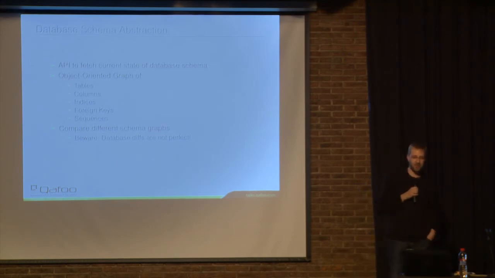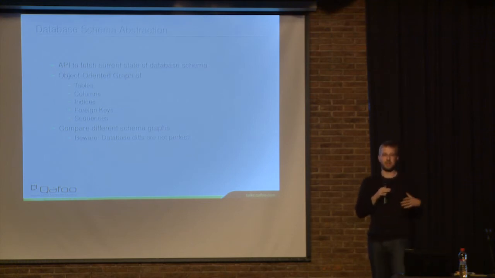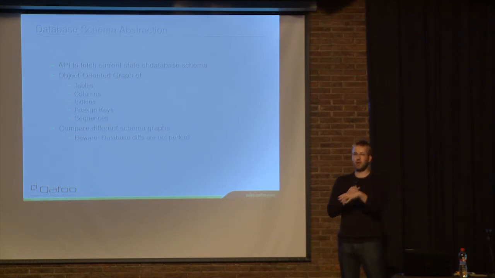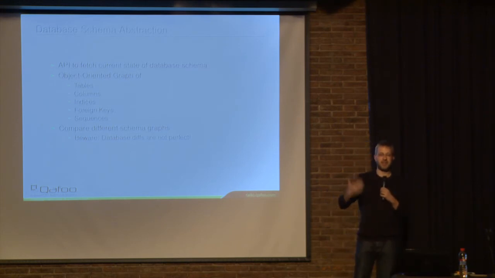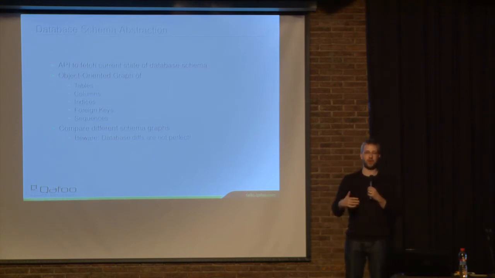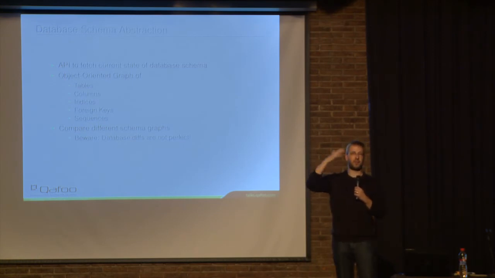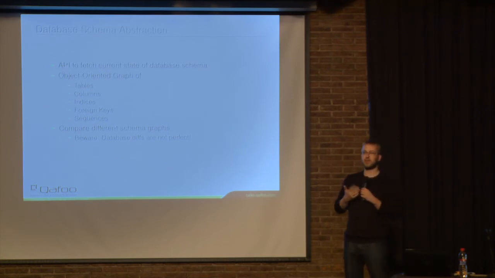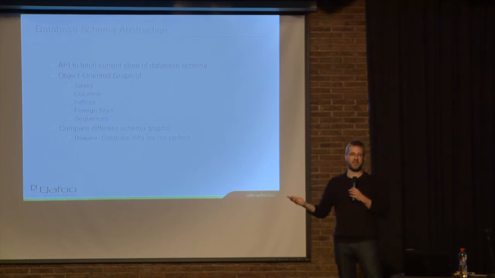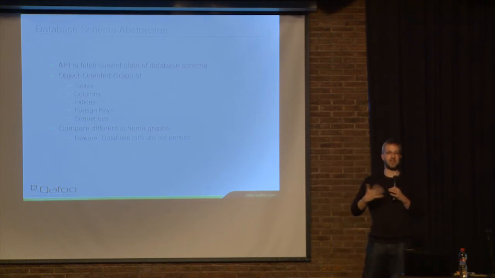We have functionality that allows you to compare two versions of the database schema and generate statements that allow you to go from the one version to the other, or show you what the actual differences are. So if you maintain a database schema in code, for example, if you say I have these tables in code, then you could write a little statement that checks whether the current database actually implements this schema, and if not, what statements are necessary to get there.